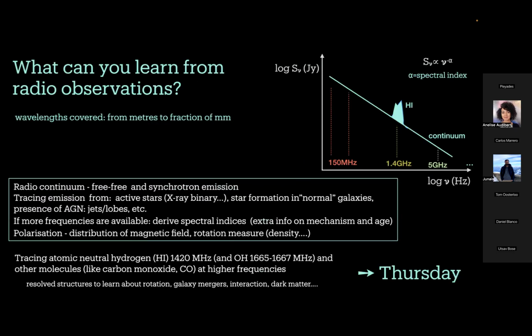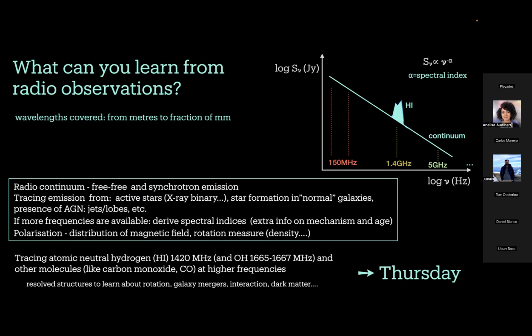So in the radio regime, let's say we go from meters to millimeters wavelength. These are what I would call radio. The emission that you will see is mostly due to synchrotron, so non-thermal, but we will get to that in a moment, and is made of continuum emission.